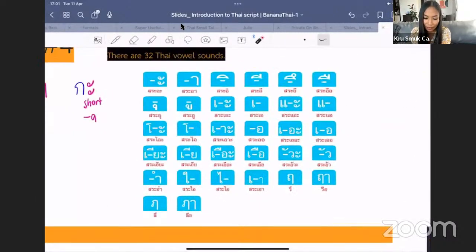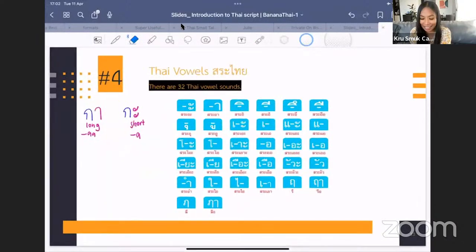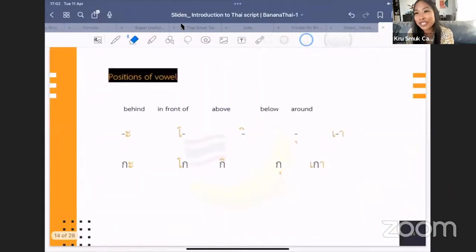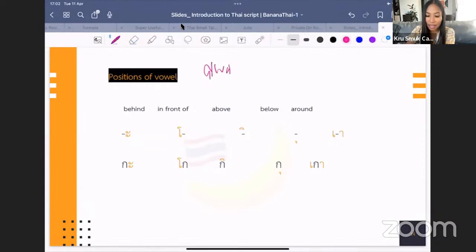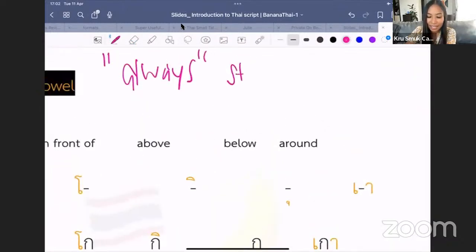As you can see here, the first thing you need to learn is the position of the vowel. The vowels always stick with the beginning consonant. Sorry, if you have loud background noise, please mute yourself.